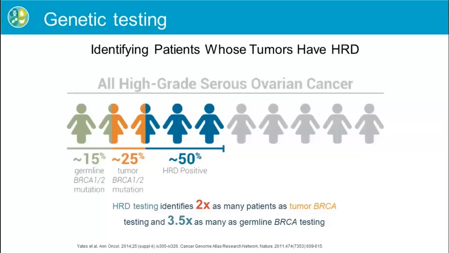We're going to talk about that a little bit more when we talk about PARP inhibitors. And then on the right, the 5 figures, 50%, will not have any of these characteristics when it comes to the tumors. So the BRCA mutations, germline and in the tumor only, are related, and the homologous recombination is related as well.